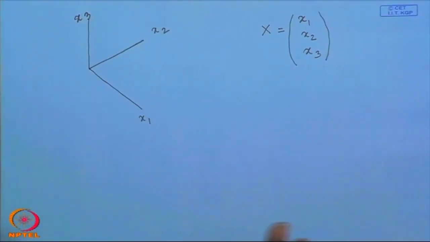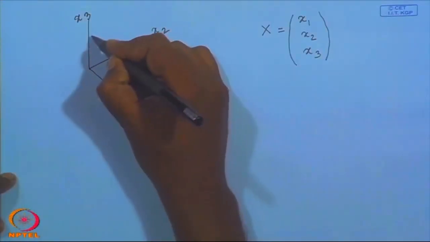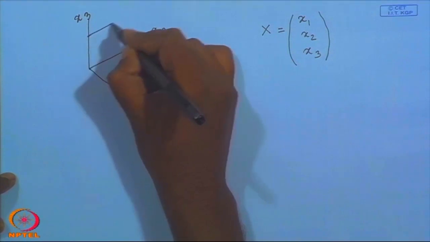So, I define a 3 dimensional space and every vector is a point in that 3 dimensional space. To estimate the probability density function, this 3 dimensional space has to be divided into a number of volume elements which are nothing but the bins. So, in the last class we had taken a volume element something like this.